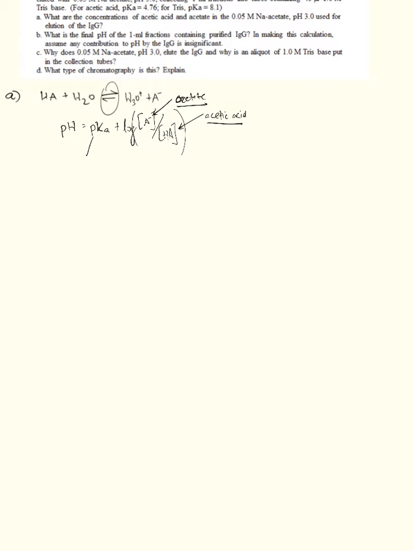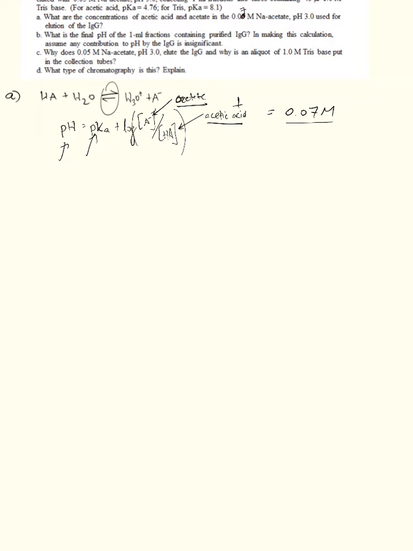We know the pKa, it's given in the problem, and we know the pH, it's given in the problem, but we do not know the concentrations of each of these. All we know is that we start off with 0.07 molar.